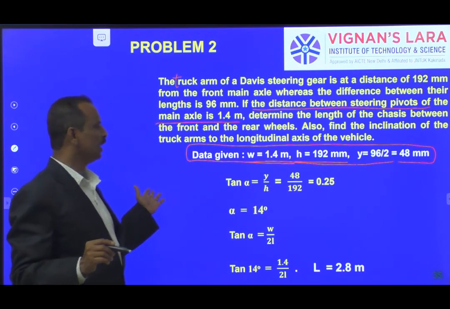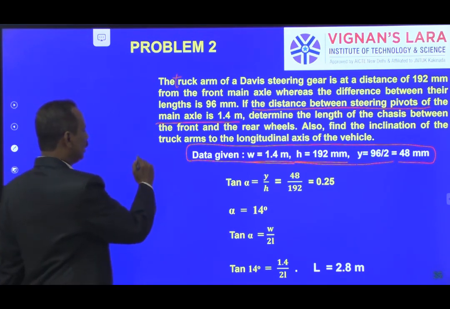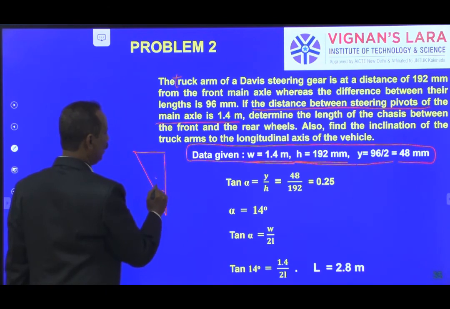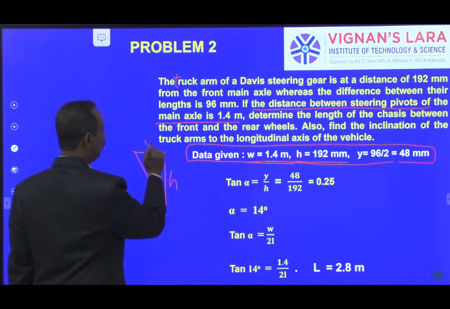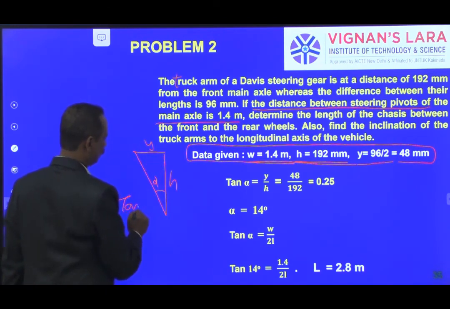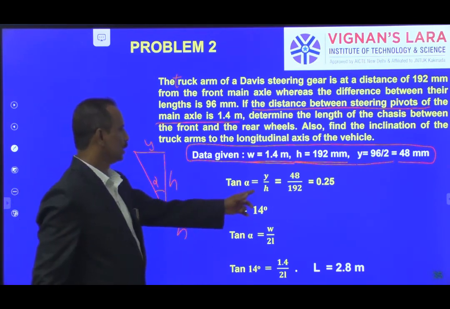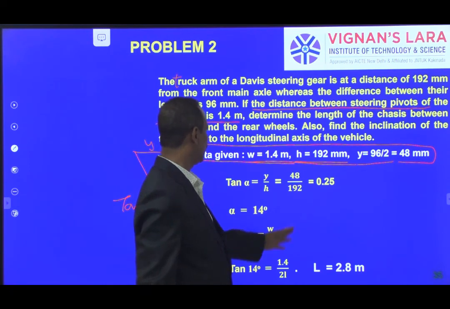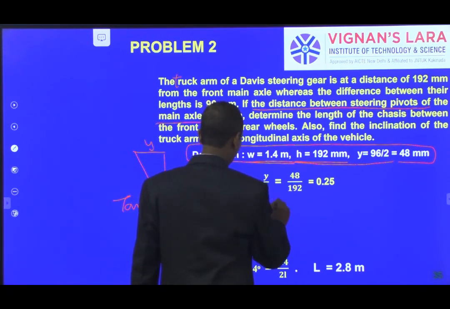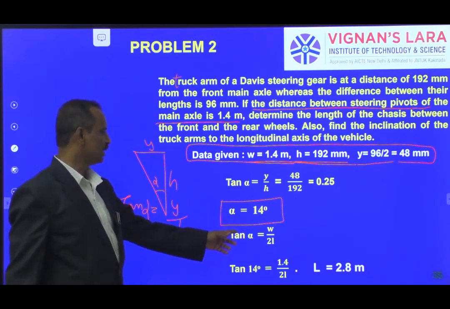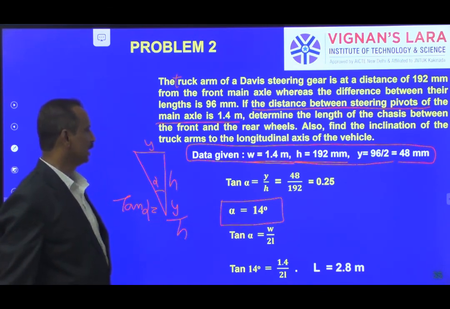Then the basic fundamental equation which we have seen: this is alpha, we have h and y, so tan alpha is y by h. It has given the values of y and h, so simply substitute and you get the value of alpha. So alpha is equal to 14 degrees.